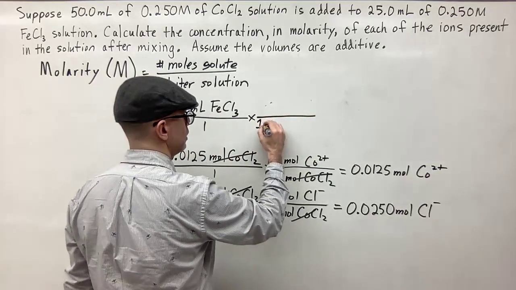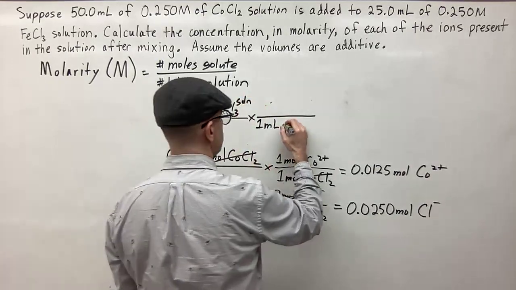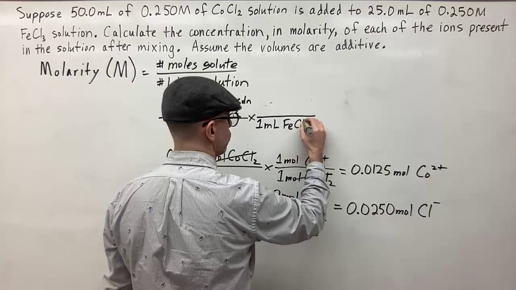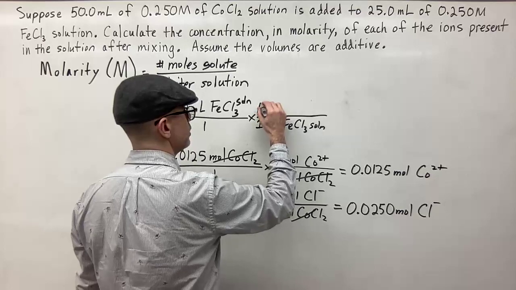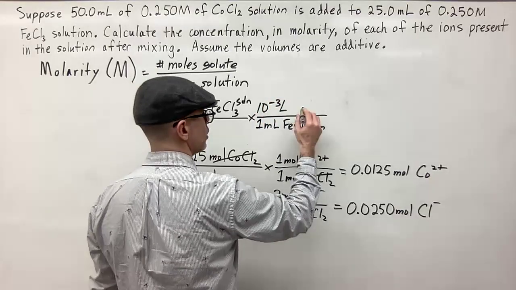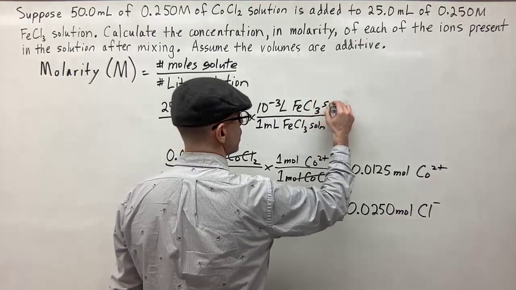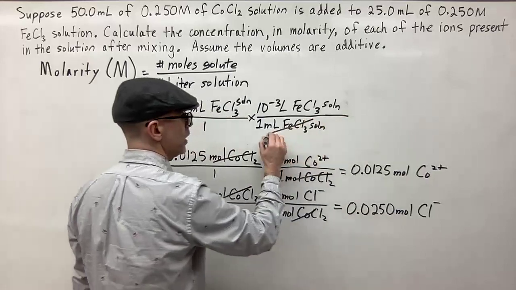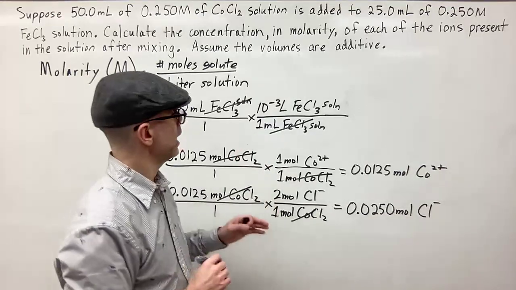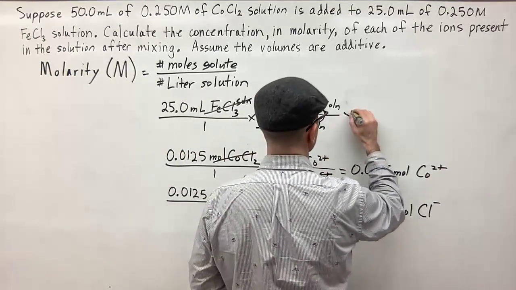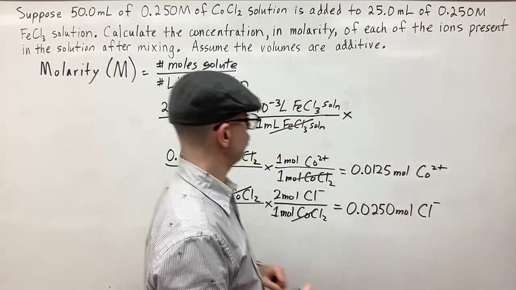So I got to first convert this to liters. So again, 1 milliliter of the iron 3 chloride solution is equal to 10 to the negative 3 liters of the iron 3 chloride solution. So milliliters of the iron 3 chloride solution cancel out. Now I have liters. And so now I'm going to use the molarity, 0.250 molar, to convert.